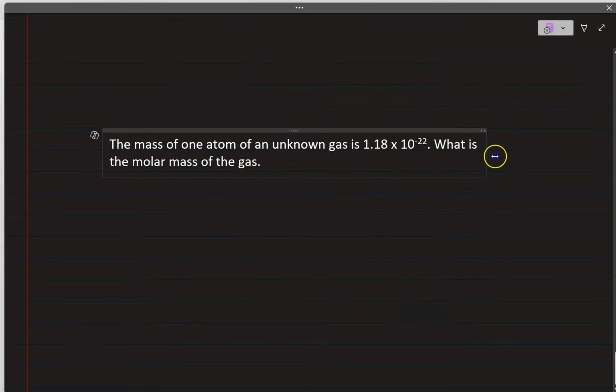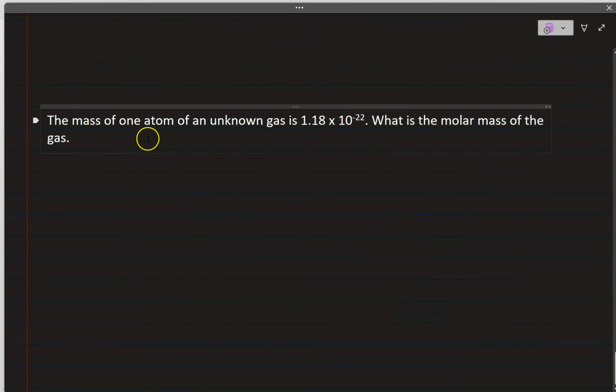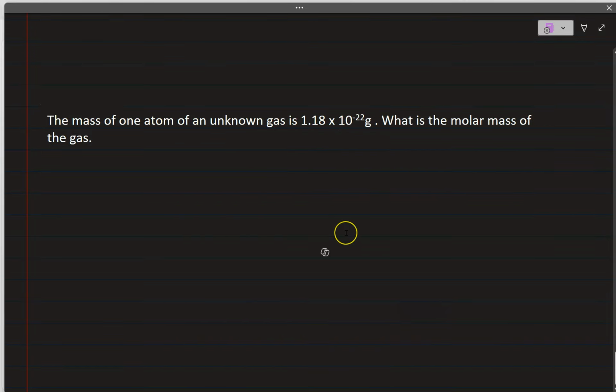One more, and that is the mass of one atom of an unknown gas is that. So we have, okay, the same idea. What is the molar mass again? So we have the mass of one atom there. Same idea as before.